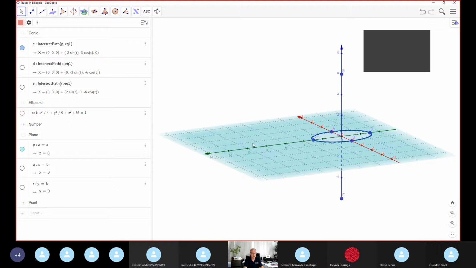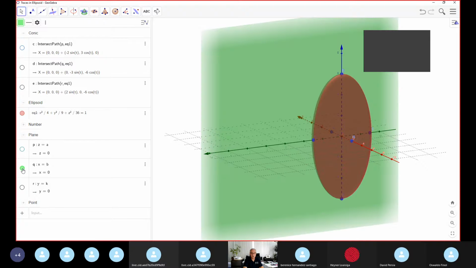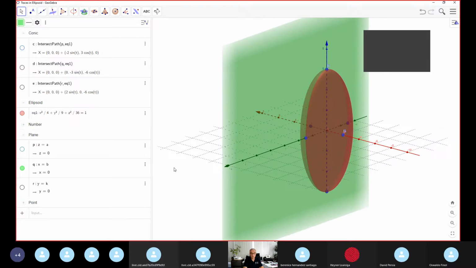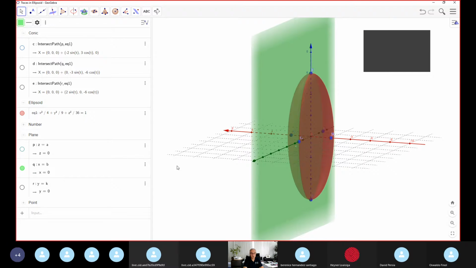Eso. Now, let's see, by curiosity, I restore again my ellipsoid. The plane X equals something. Boom. I put a different color. And the intersection between the ellipsoid and this plane is this curve.